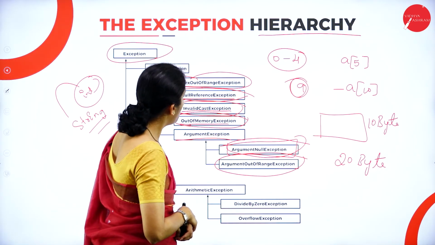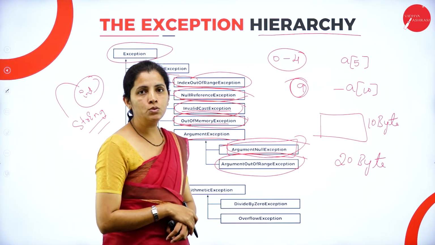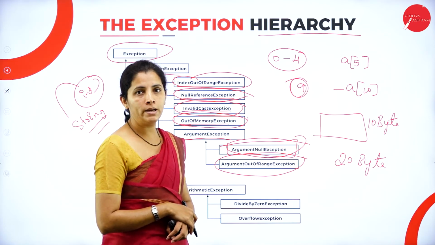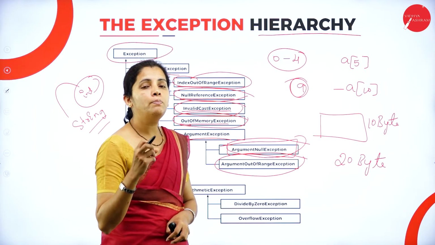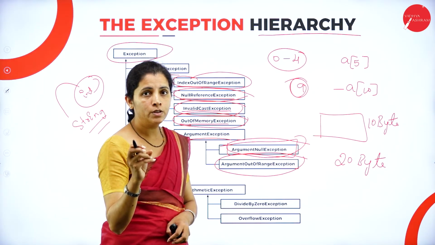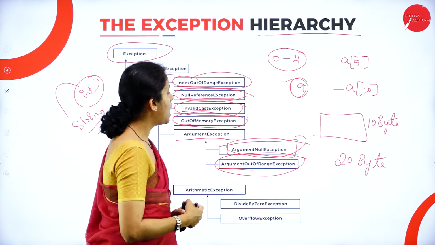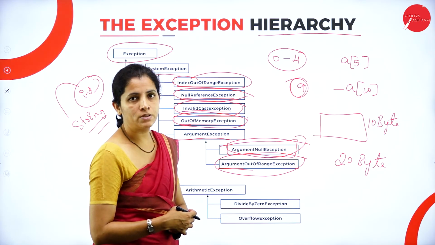And I have argument out of range exception. So dear student, while passing arguments, you're going to pass an argument which is not in our range. So what's going to happen? That is argument out of range exception.